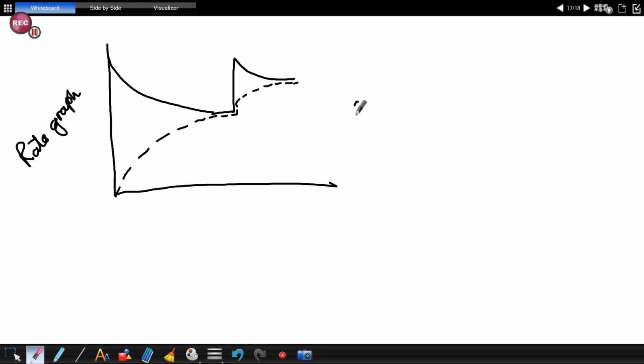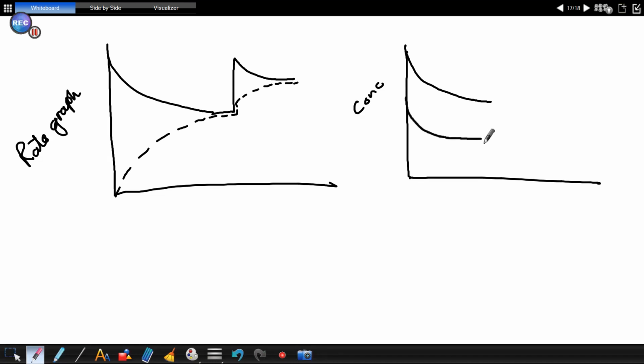Concentration graph, if you had them at equilibrium, this is hydrogen, and that is nitrogen, and this is ammonia.